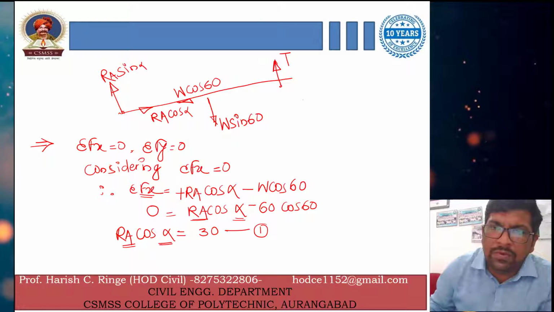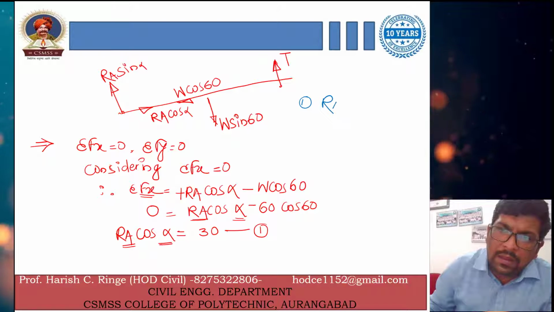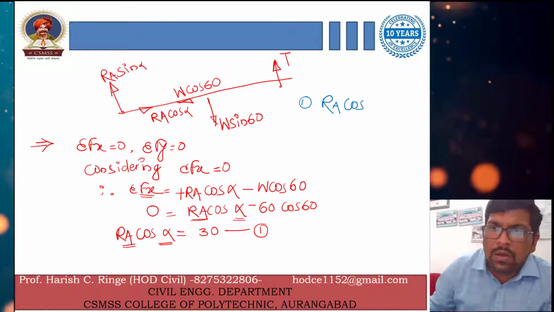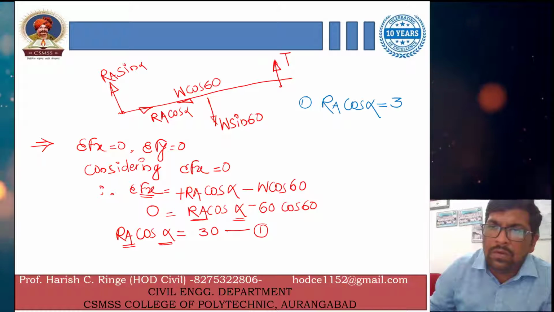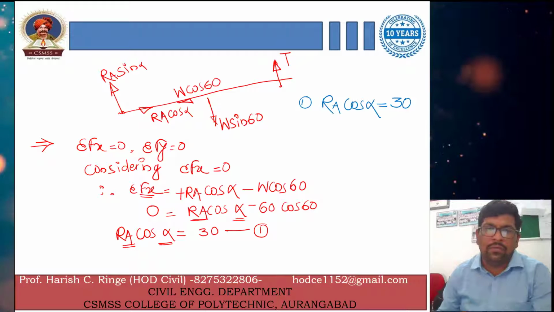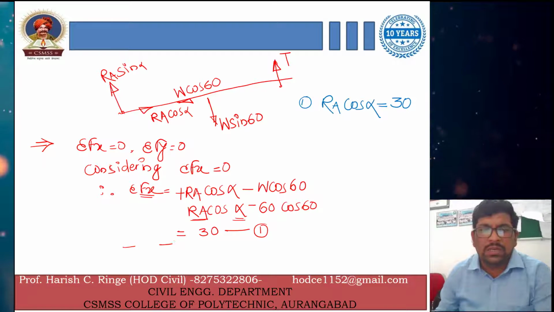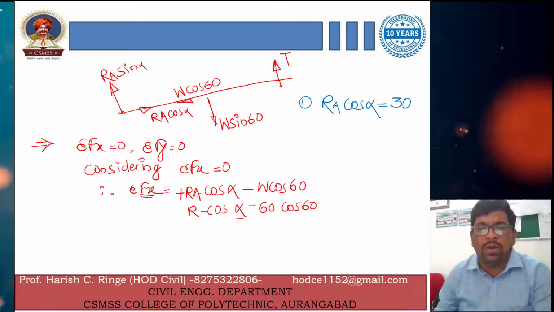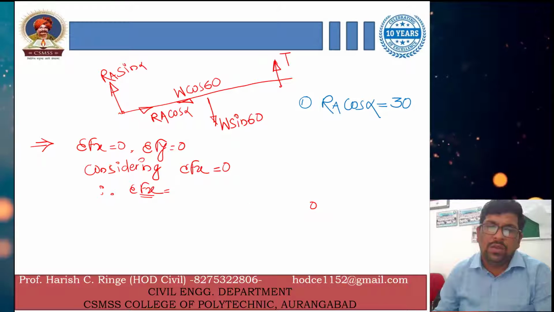My equation 1 is RA cos alpha equals 30, right? Now, coming to the next point, I will remove this one because I don't want it here right now, since I have come up with the equation.